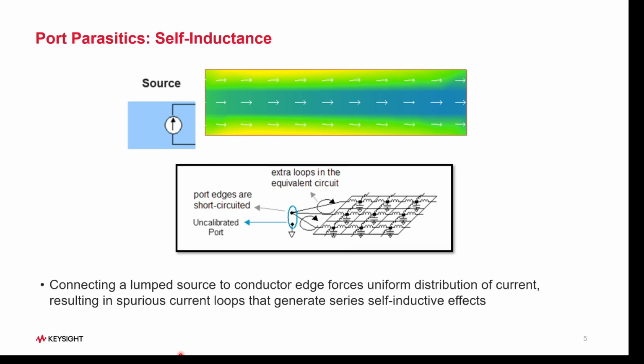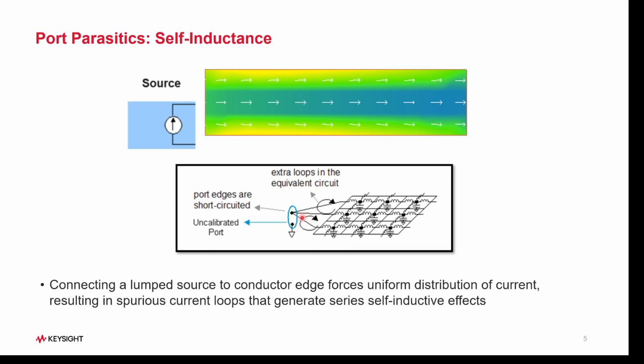So let's switch gears and talk a bit about the parasitics introduced by ports. In Momentum, the ports introduce self-inductance type of parasitic effects. That is due to the fact that when you connect an edge, which is represented by multiple cells here, to one point, there are these extra loops that essentially create an additional inductance called self-inductance.